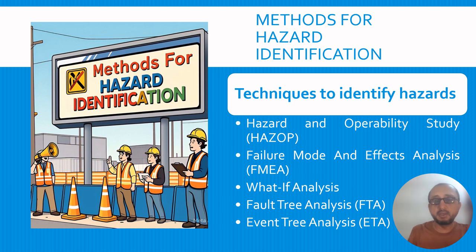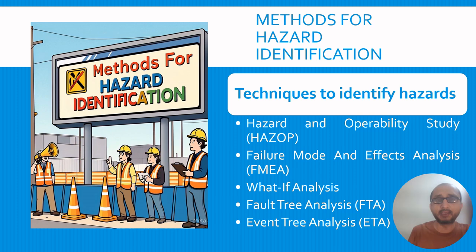Then there is failure mode and effects analysis, basically related to engineering and design, in which your experts sit together, they analyze your system and process, and they identify the potential segments that may fail during the operations and what may be the consequences.